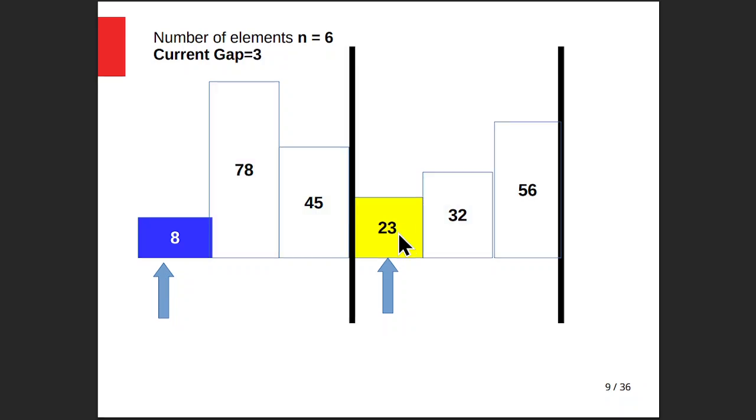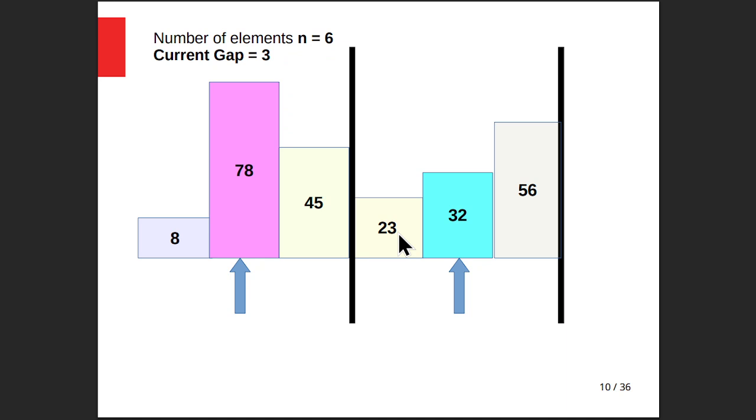We move on to the second element of the first partition and second element of the second partition. Now here too we have 78 here and 32 here. So we want 32 to be in place of 78 and 78 to be in the place of 32, so that it's in increasing order.